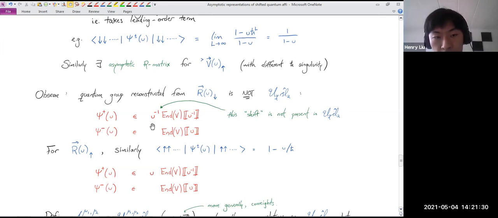In UQSO2 hat, or in any unshifted quantum affine algebra, these psi plus minuses always start from the constant term, and the constant term is invertible. In fact, the constant term is just the classical weight. But here we have a shift where the constant term is 0, and you're starting from the linear term, which turns out to be invertible.